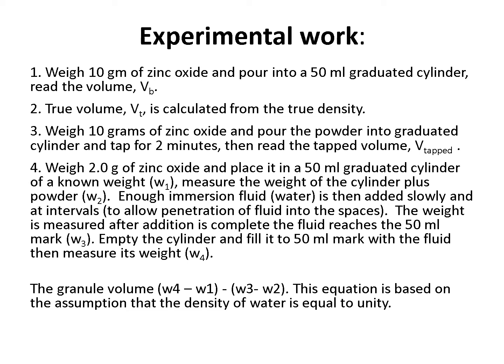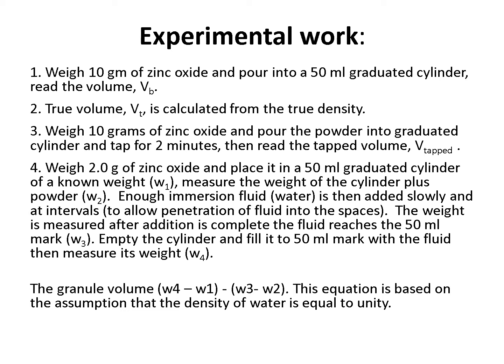It will be subtracted from W3 minus W2. That will be the weight of water between the particles and complementary. That will give me WG. And because I'm talking about water and the density of water is 1, it will give me the WG. It's the same as VG.